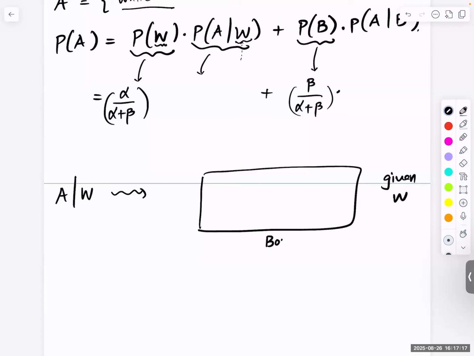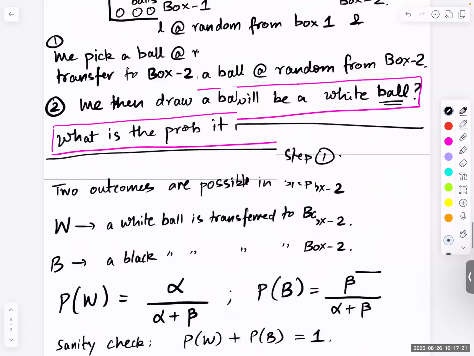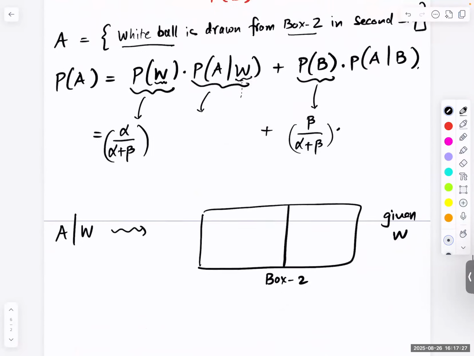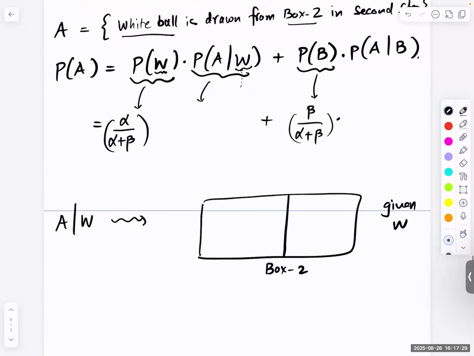Originally, box 2 had delta white balls and gamma black balls. If a white ball is drawn from box 1, I'm going to have delta plus 1 white and gamma black. Given W, this is the status of box 2.